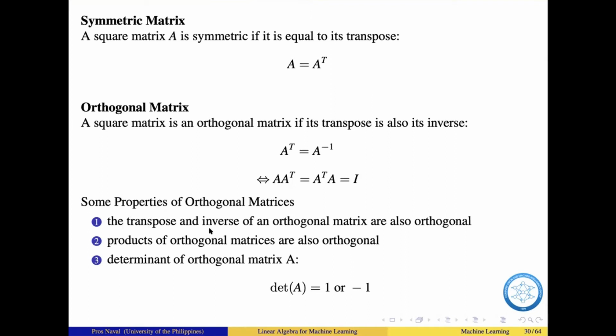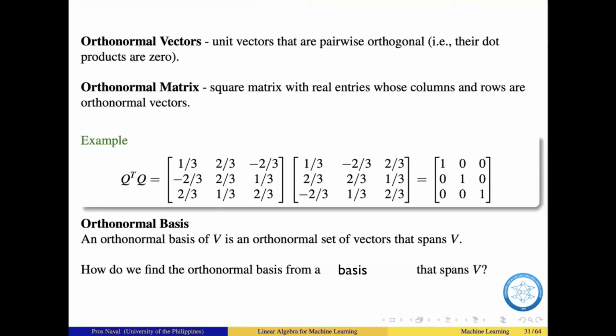The transpose and inverse of an orthogonal matrix are also orthogonal. And the products of orthogonal matrices are also orthogonal. And the determinant of an orthogonal matrix A is either 1 or -1.